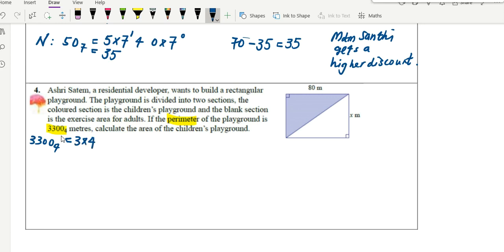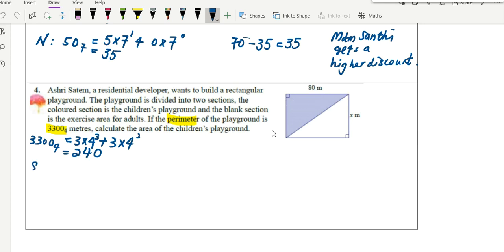3 times 4 to the power 3 plus 3 times 4 to the power 2 plus 0 and 0, I can just ignore it. 240. Meaning the perimeter in base 10 is equal to 240.